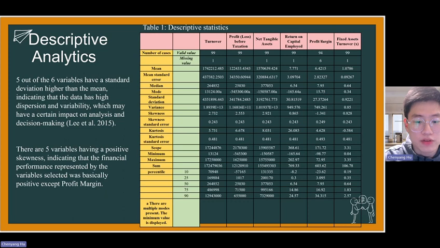Therefore, in future business analysis and data visualization, I need to choose other types of financial indicators, such as capital structure, current ratio, days payable outstanding, etc., to make the analysis richer and more insightful.